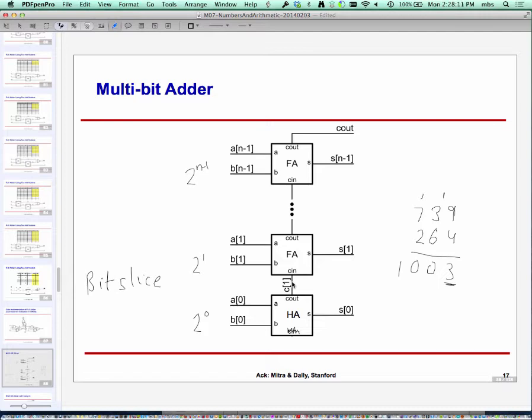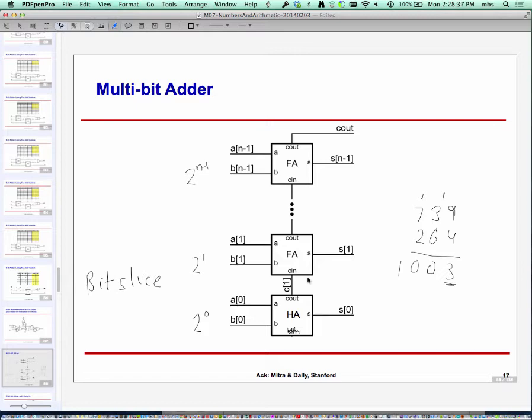What is bit slice there? Bit slice is this way of designing things where we design for 1 bit and then stack things up. We saw that earlier when we were doing the arbiter. We designed a single 1-bit arbiter and then stacked it up. And when we designed the magnitude comparator, it was the same way. We designed a single-bit comparator and stacked it up.